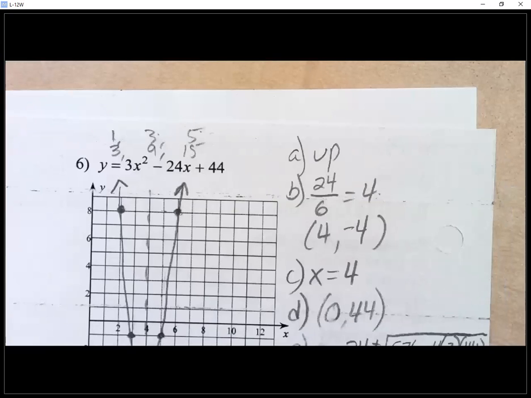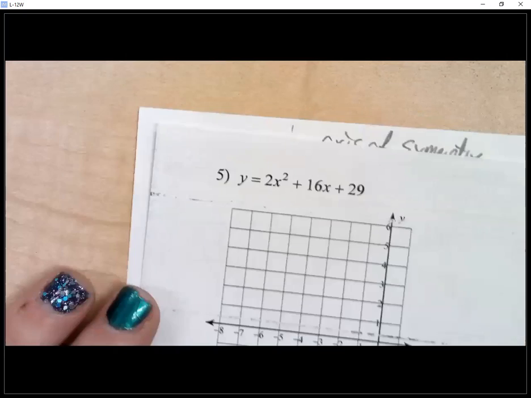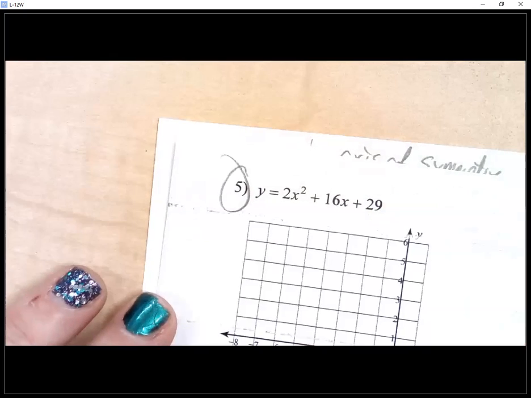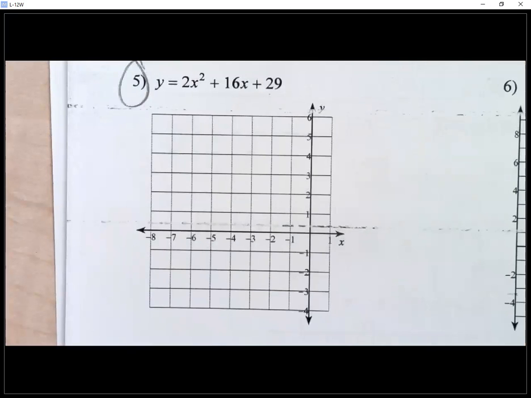Okay, so I know you're anxiously awaiting your homework. Let's do, how about, so I do want you to do A through F or whatever it is, but only for numbers 5 and 7. How about that? Just those two. That's not so bad.